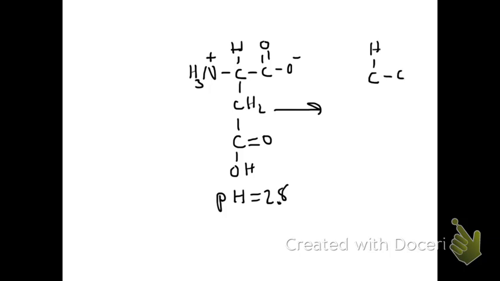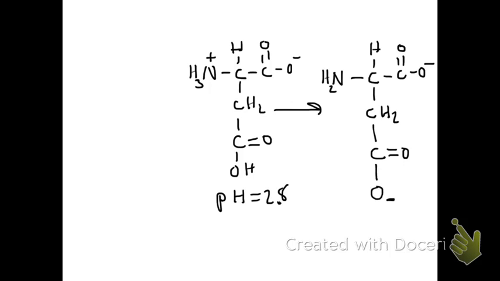Our carboxylic acid is still going to be negative, but our amine group is going to lose a hydrogen, so it becomes more negative. And our R group now is going to be deprotonated, and it's going to lose that hydrogen, so it becomes more basic and negative.